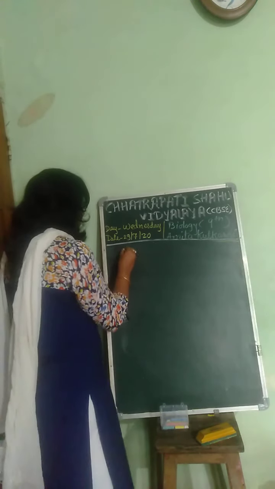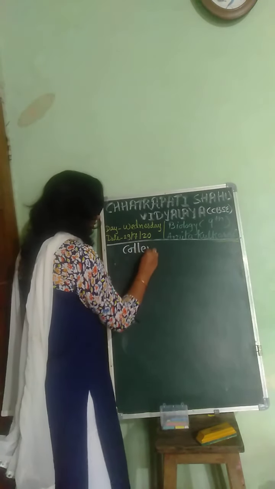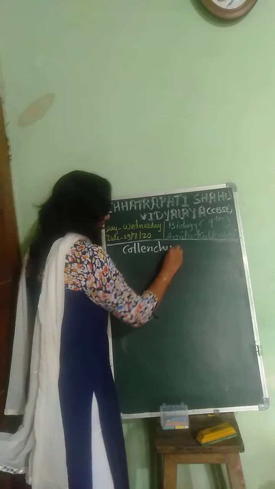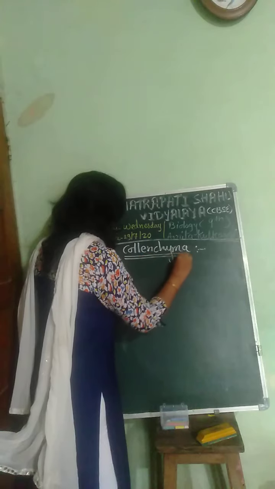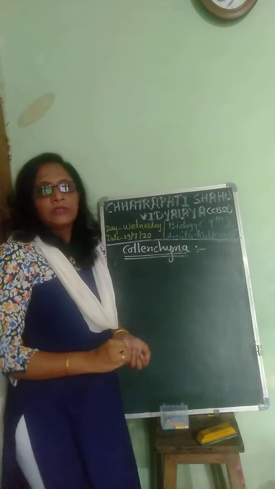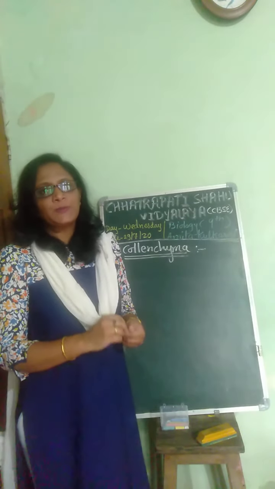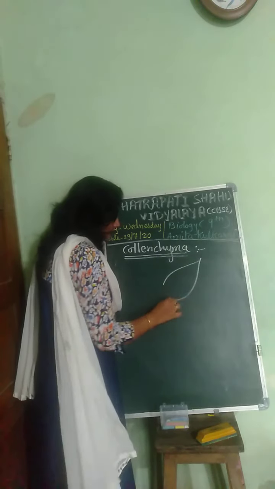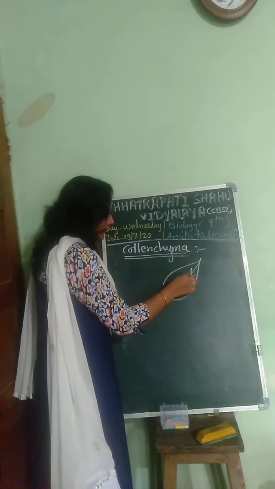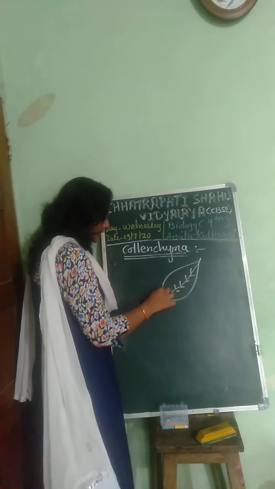The second simple permanent tissue is collenchyma, which is present actually in the stalks of the leaves. Okay, suppose this is the leaf, or in the stalks of flowers or stalks of fruits.